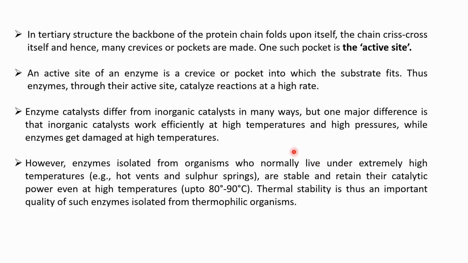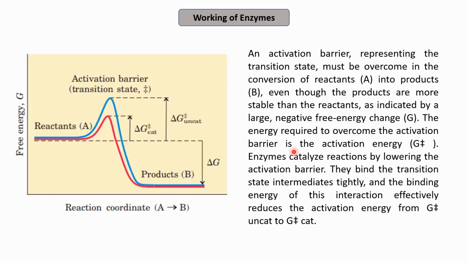Thermal stability is therefore an important quality of enzymes isolated from thermophilic organisms. Besides these, most enzymes isolated from organisms that survive at normal temperature and pressure conditions are not able to bear such high temperatures, and they tend to get damaged or denature at such temperatures.